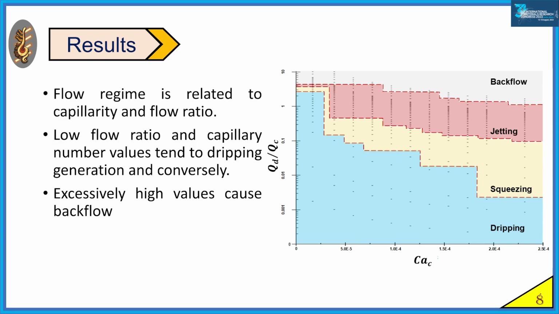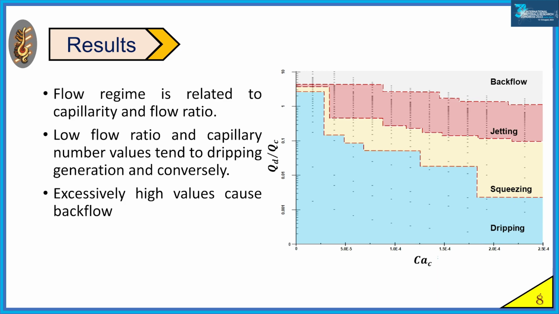If both of them are low values, dripping regimen will occur. However, if we increase this value, we're going to transition to squishing and then jetting. And if we use higher values of QD and QC, we can go to the backflow.